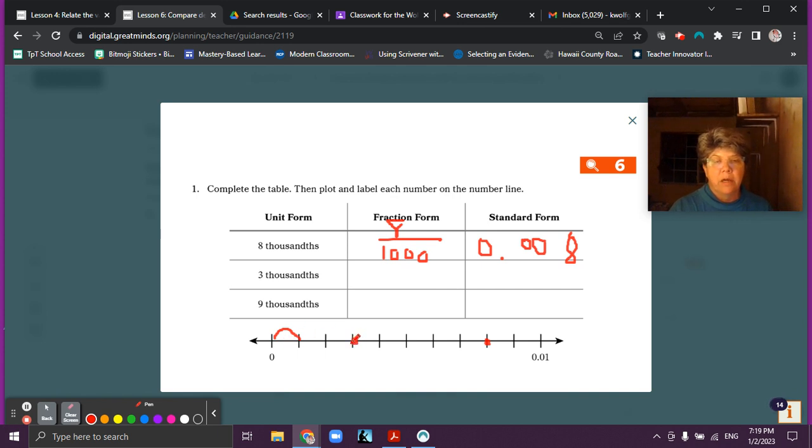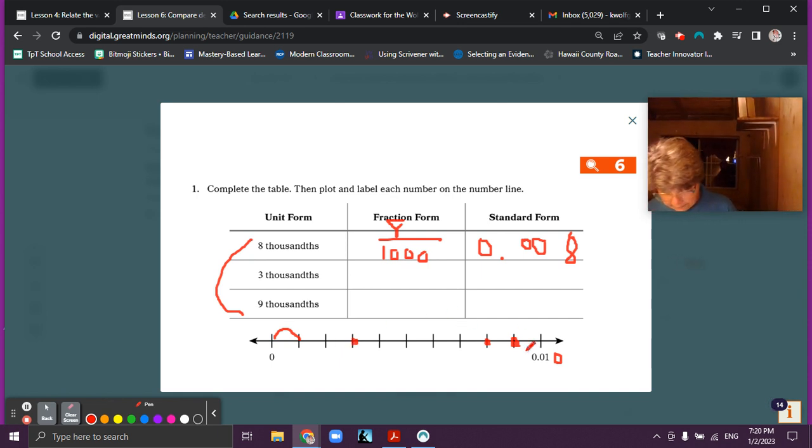We're just plotting our 3 numbers that we have here. And then 9 thousandths is going to be right there. So maybe you're thinking, oh, so this would be 10 thousandths. Yeah, if we put a 0 there, it would be 10 thousandths. See that?